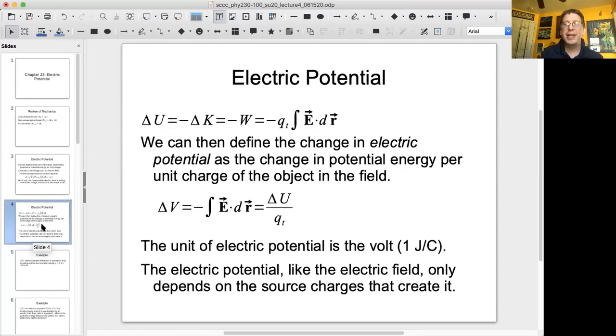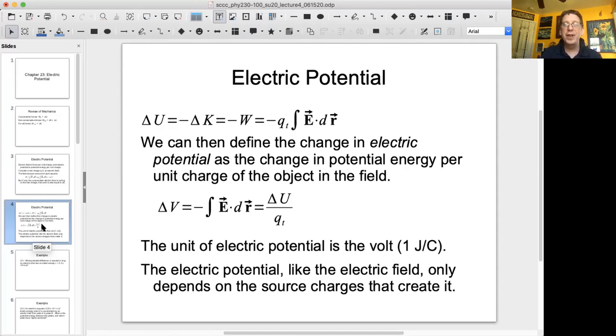And so we can then define the change in electric potential as the change in potential energy per unit charge of the object in the field. So we'll define the electric potential, delta V, as being equal to delta U over QT. And we can also write that as the negative of the integral of E dot dr. That's the formal definition of the electric potential.